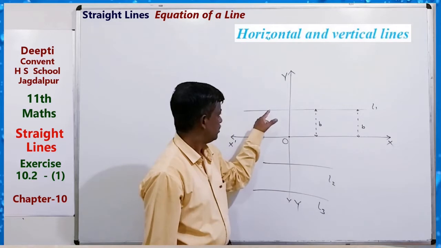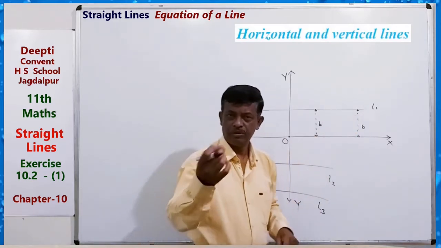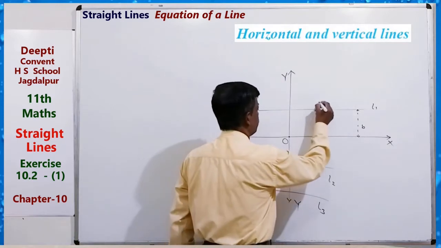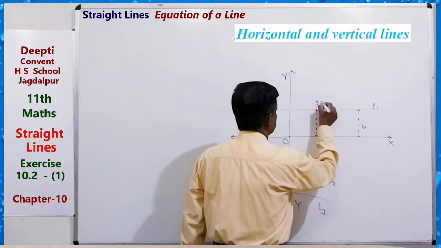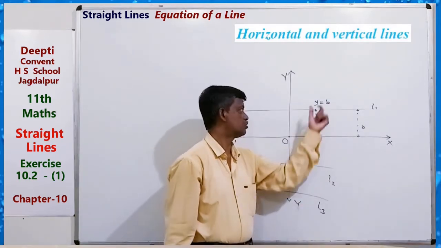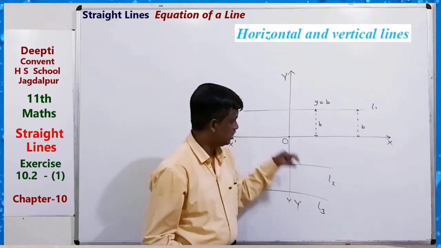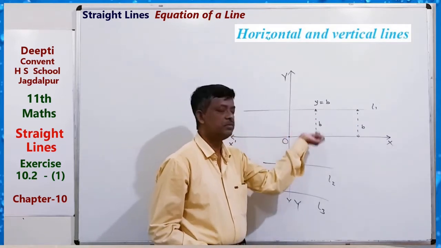So for any point on this line, the y coordinate is equal to b. So y equals b is a straight line parallel to the x-axis at distance b from the x-axis.